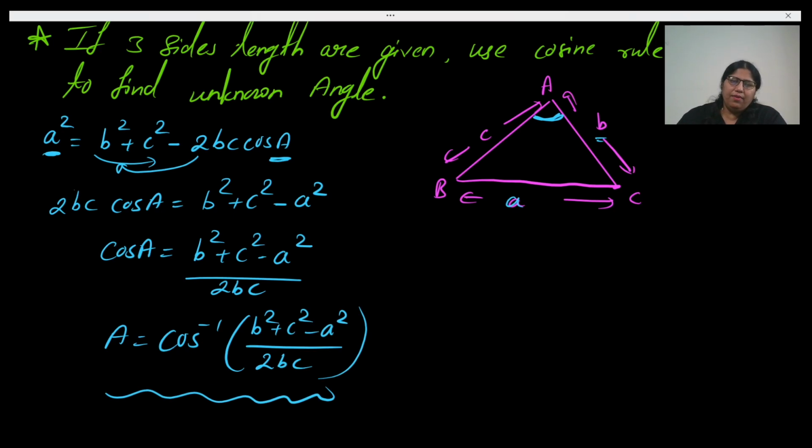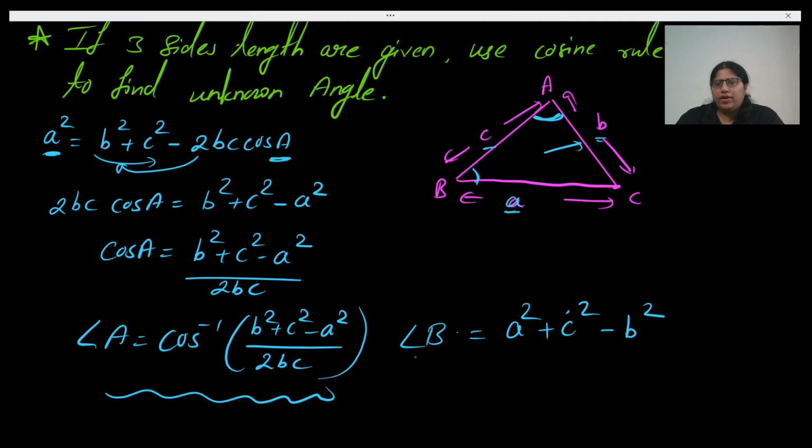Similarly here, if I have to find out angle B, opposite to angle B, what is the side here? B, and the other sides are A and C. So you can take A square plus C square minus B square. So whatever angle is there, the opposite side square must be subtracted, divided by 2AC, and you have to take the whole cos inverse.